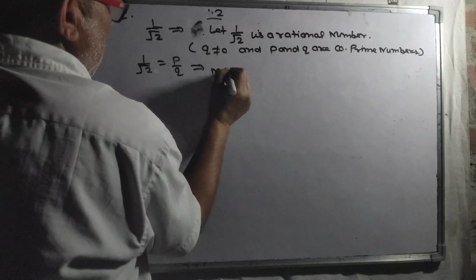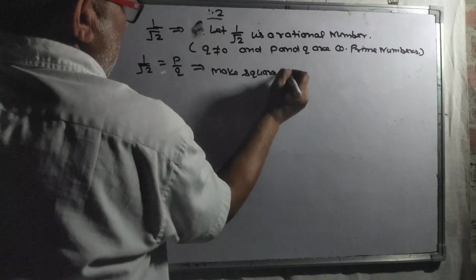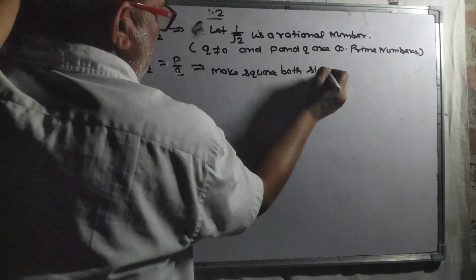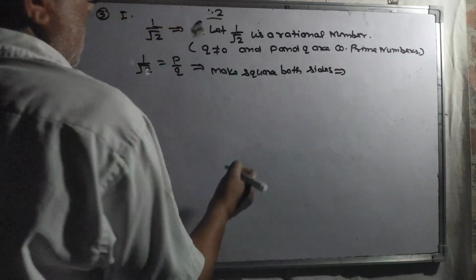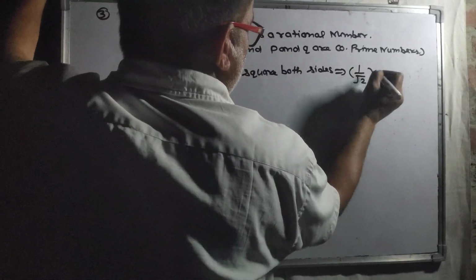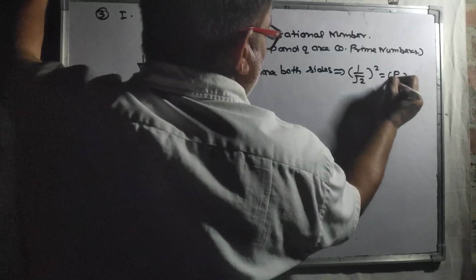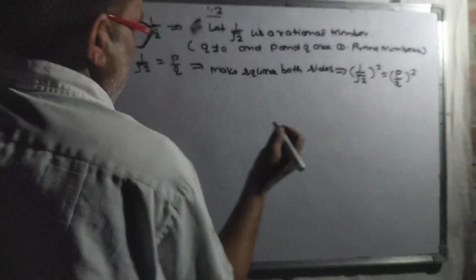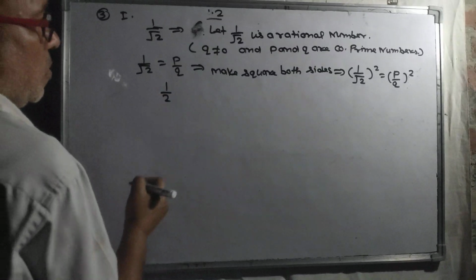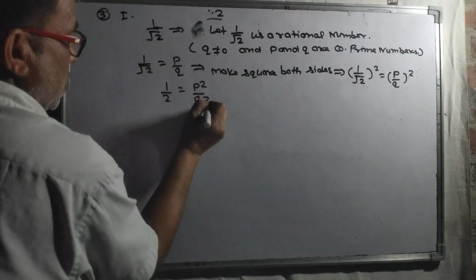Squaring both sides, 1 upon root 2 whole square equals p by q whole square. Now it can be written as 1 upon 2 equals p square upon q square.